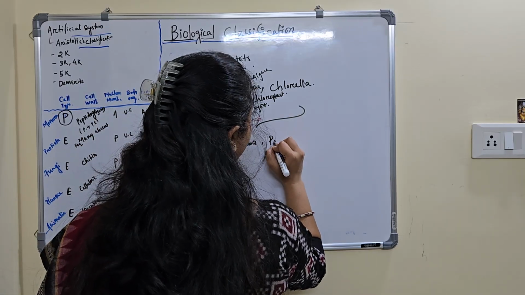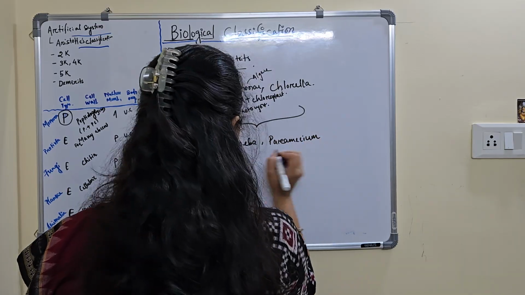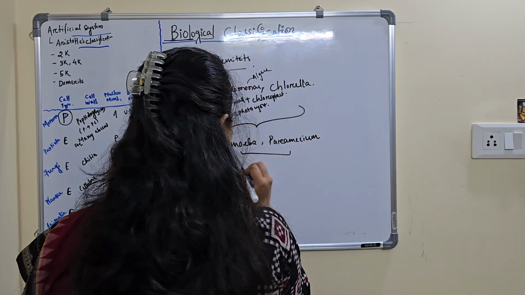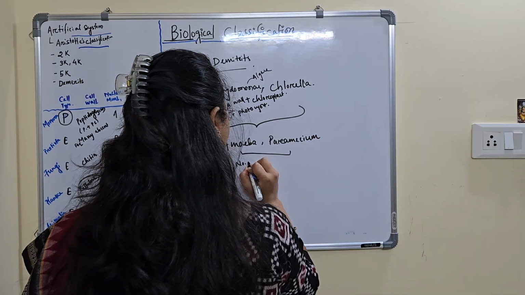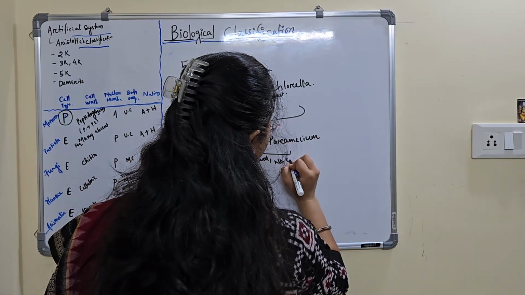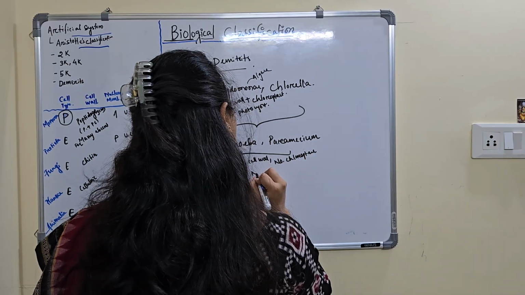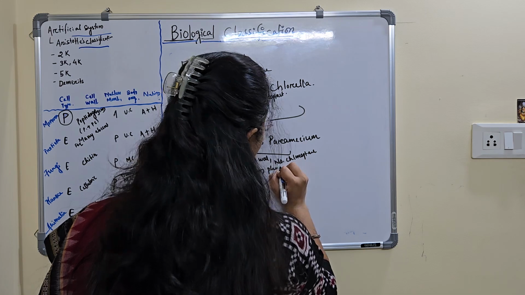and paramecium, which again do not have a cell wall, no chloroplast, and are non-photosynthetic.